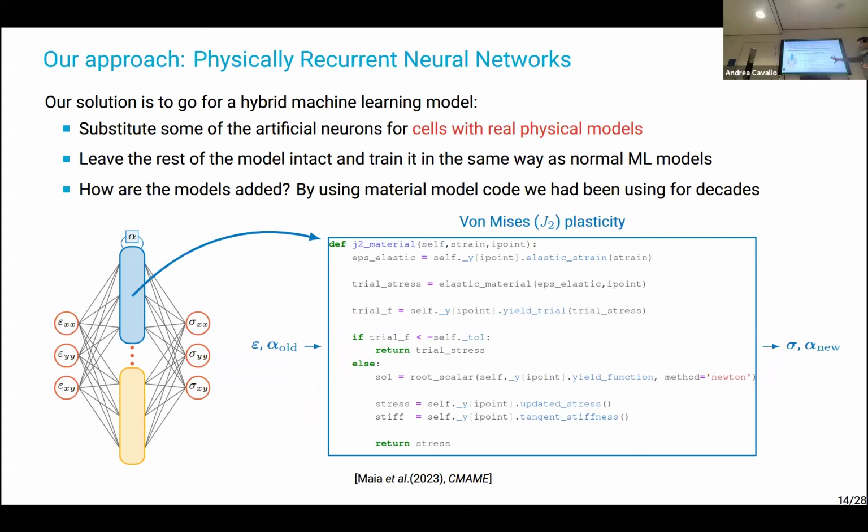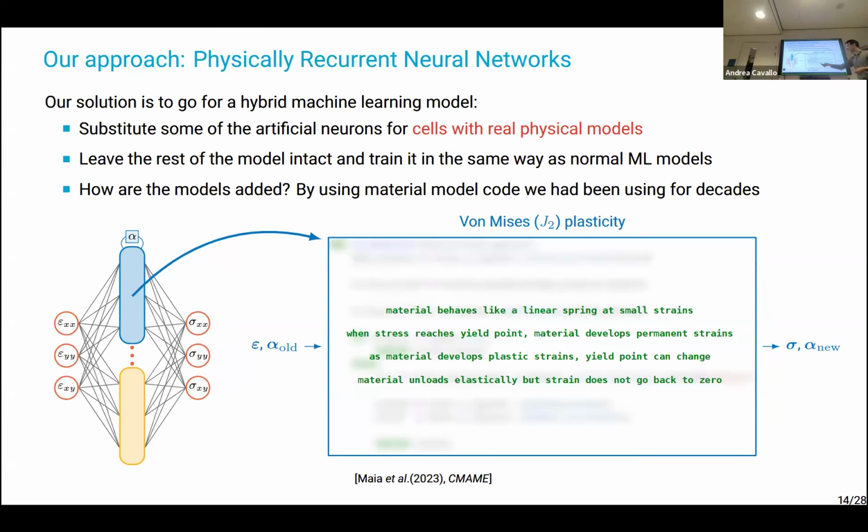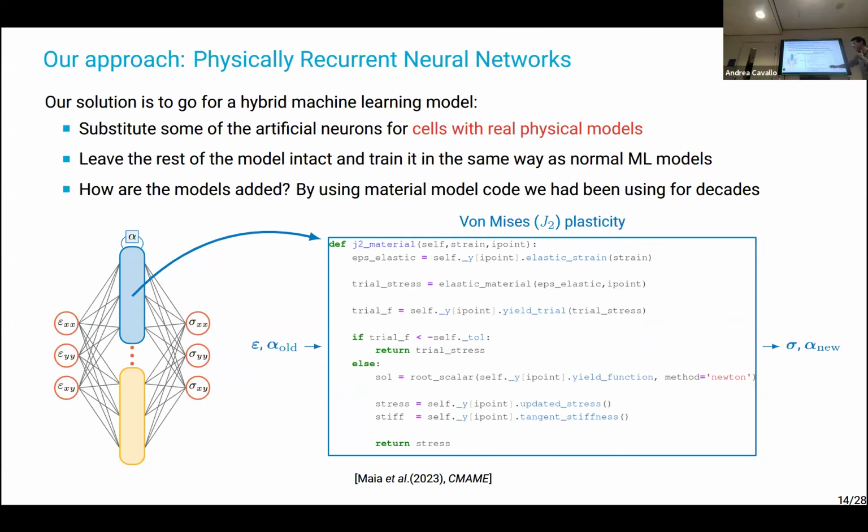The theory here was, like I said, invented many decades ago, and it works very well. We put it in there, and it just means that at some point the material starts to develop these permanent strains, and it remembers them. So if you unload, it will know how much permanent strain it has. None of the things inside this code is trainable, so the network cannot touch it.